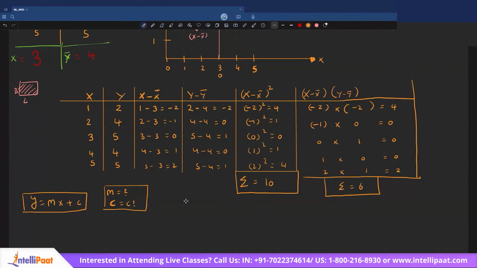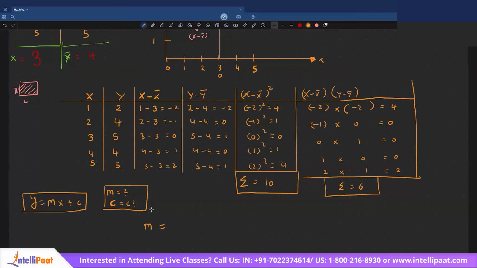To calculate the value of m, we use mathematical derivations. Do you understand what a derivation is? You start with the base equation, you solve, and you get some answer.